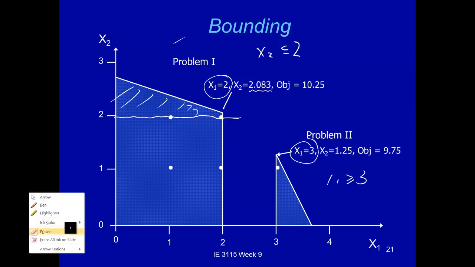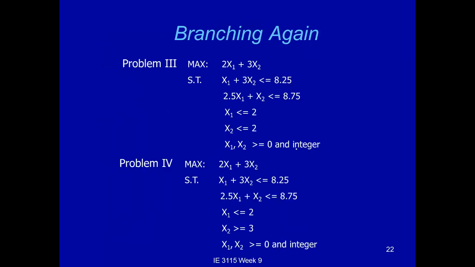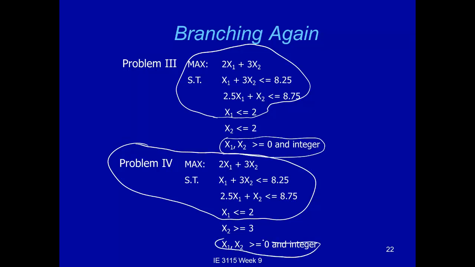Okay. And if we continue to branch this number 3, then we will cut like this. We'll cut this part. Okay, so we continue to branch. We'll get the 2 problems. These ones are the original problem 1, including the x1 constraint.